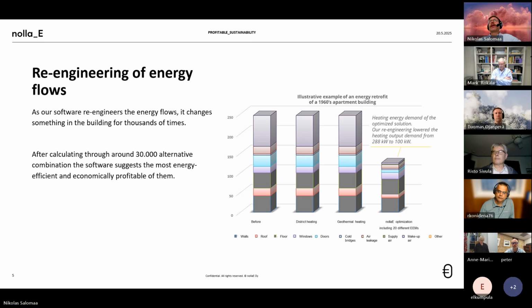And those typical low-hanging fruits, like changing the light bulbs, might be one part of the solution. The software automatically calculates what is the cost of doing them and what is the return when you do them for the whole building.